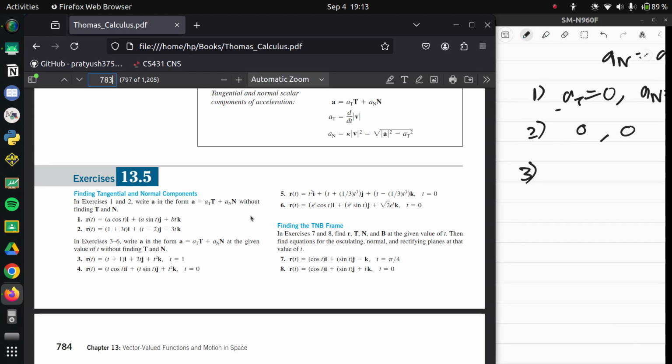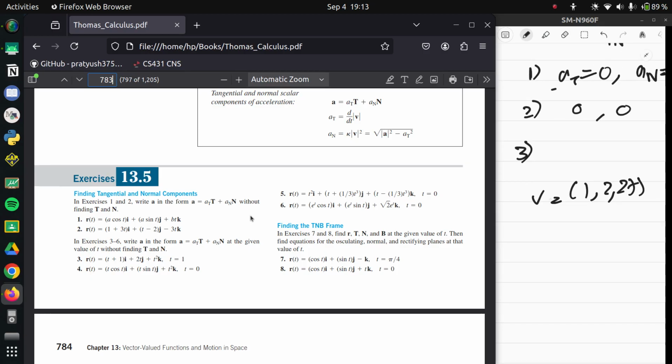Okay, question 3. Write a in the form a_T, a_N, of t without finding T and N. So first we get the velocity, that's equal to 1 comma 2 comma 2t, right? So your acceleration is going to be 0, 0, 2, right?